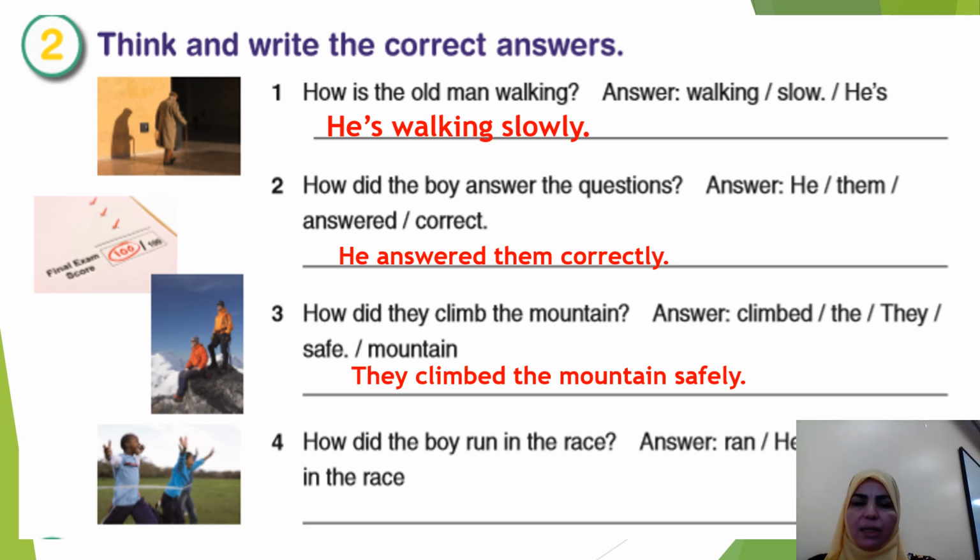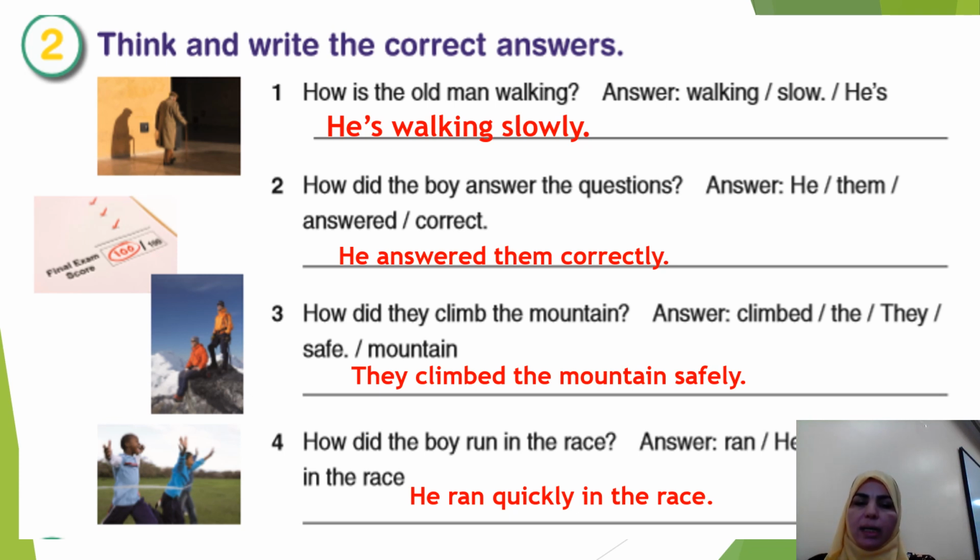Safely is an adverb. It describes the verb climbed. The last question, number 4, how did the boy run in the race? The answer is he ran quickly in the race.